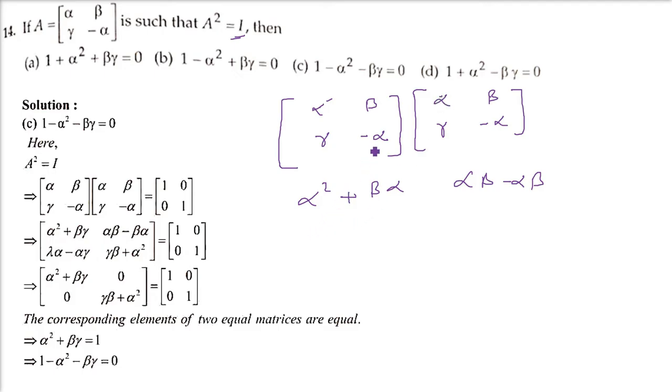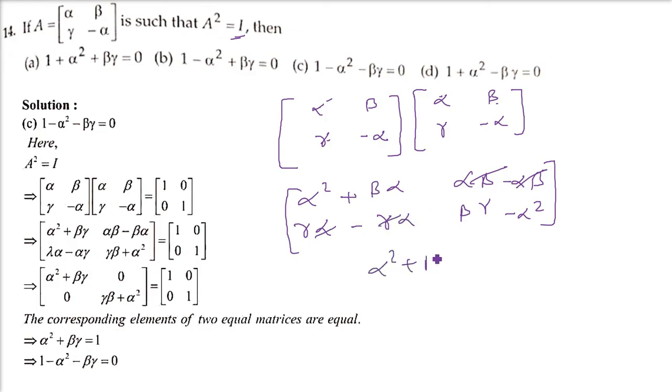So now here we have alpha gamma minus gamma alpha. Then we have beta gamma, actually it will not be minus, it will be plus alpha square. So this gets cancelled.